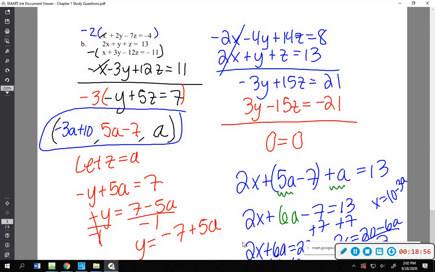On the take-home portion, it says make a scatter plot for this data set, so you're going to plot the points. You're going to graph by 2s on the x and y axis, just like it says here.